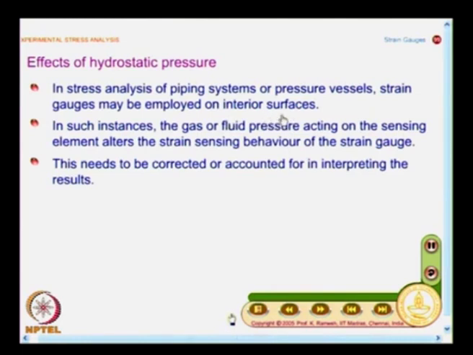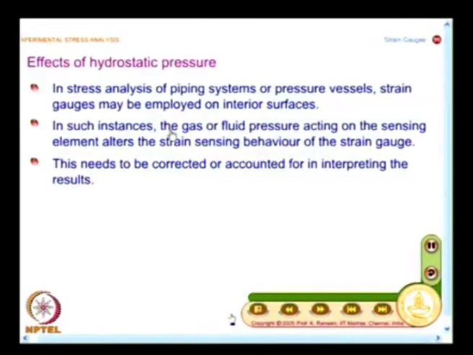On earlier occasions, you had strain gauges pasted on a free surface, it was only sensing the strain of the base specimen, there were no direct forces acting on the strain gauge. But the moment you come to internal pressure, what happens? The gas or fluid pressure acting on the sensing element alters the strain sensing behavior of the strain gauge, which you cannot ignore. This really happens.